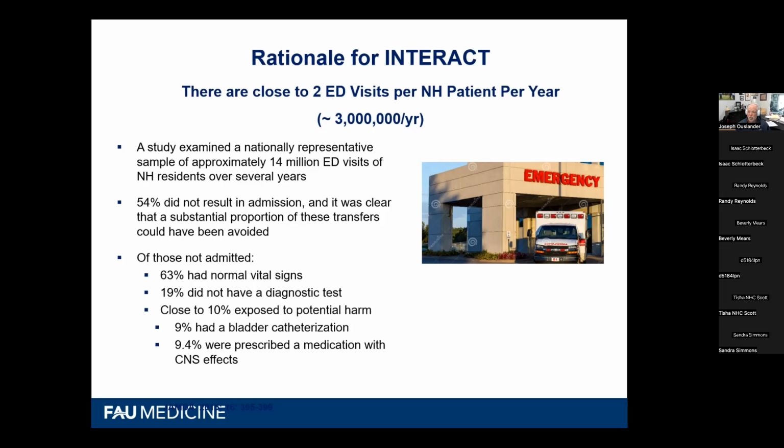And on the other hand, close to 10% were exposed to potential harm, such as a bladder catheterization or prescription of a CNS active medication. So why would a nursing home patient go to the hospital and be found to have normal vital signs and not have a diagnostic test? Can anybody figure that out?